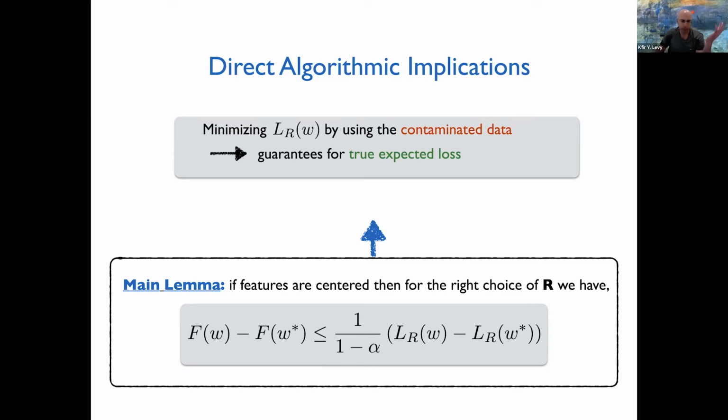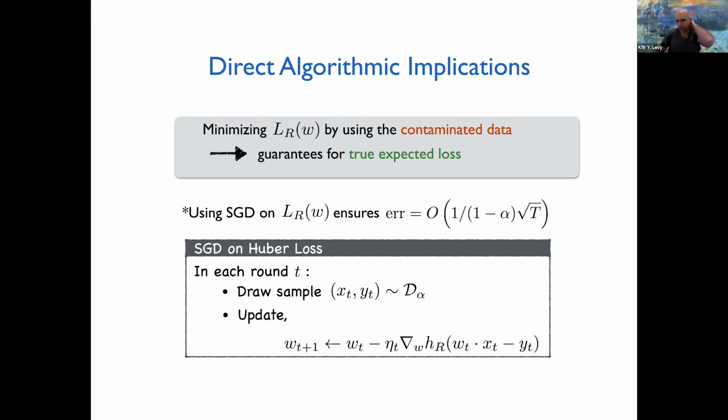One way to minimize L R of W is to use, for example, stochastic gradient descent, which appears here. If you apply stochastic gradient descent on the Huber loss using the contaminated data, it directly translates to a generalization error of 1 over square root of t times 1 minus alpha over the true expected loss. So that's the first positive result that we discuss.